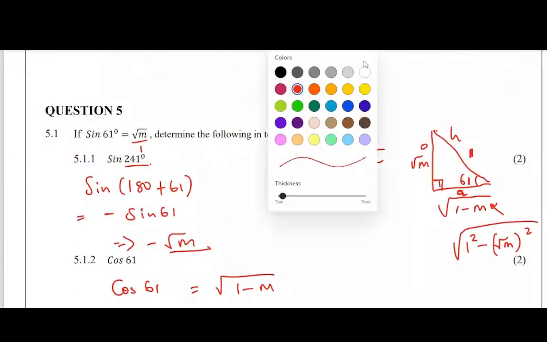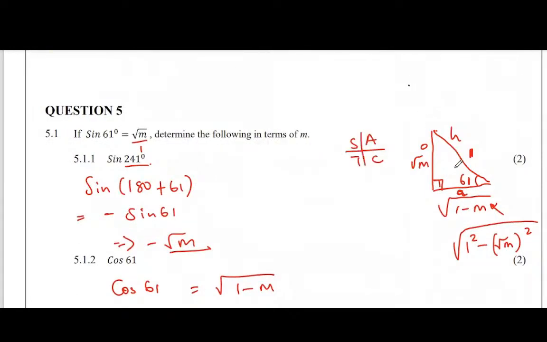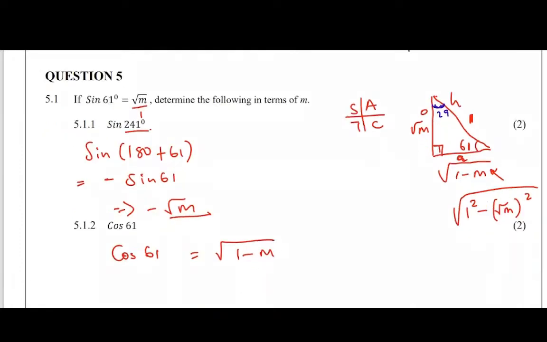if one angle is 61, and there is a 90, automatically the remaining angle within that right angled triangle becomes 29. So they want us to get the cos of 29. With the cos, this is going to be our adjacent, and the hypotenuse is going to stay the same.